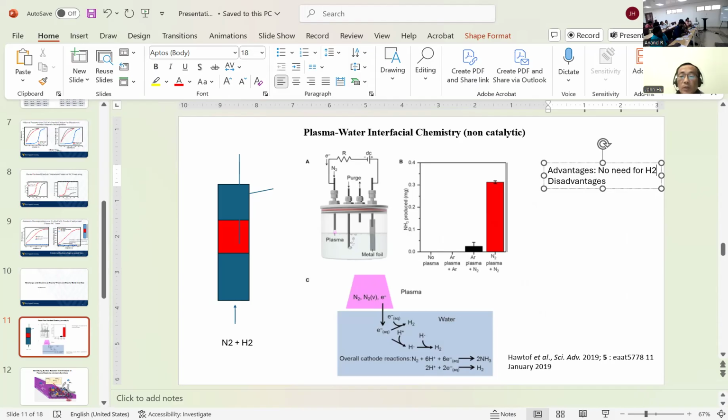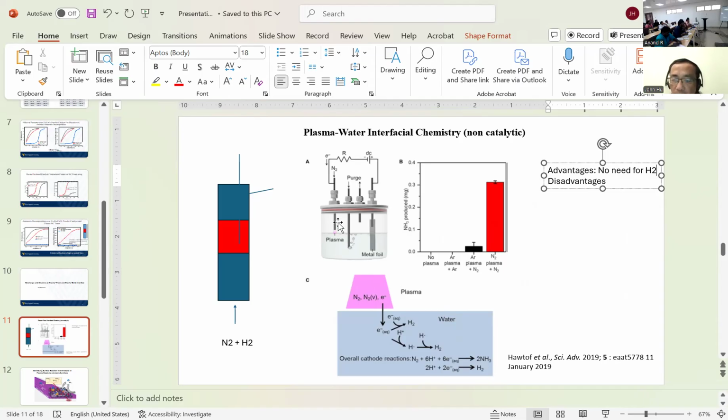This is very similar to a chemical cell without plasma. Remember hydrogen evolution? They do have the hydrogen evolution issue, but true, if you have the hydride and don't let hydrogen come out, then you can make ammonia.